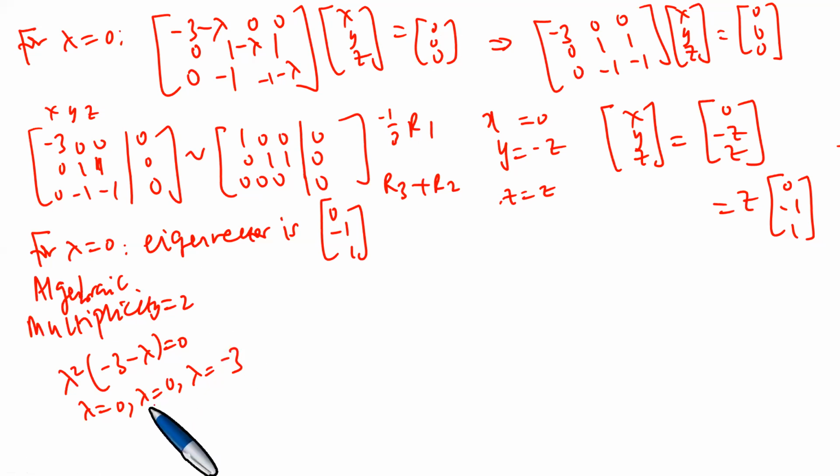Okay, yeah. So this one is of algebraic multiplicity 2, but this one is of geometric multiplicity equal to 1, because it's a vector. It has geometry associated with it. The vectors have magnitude and direction.